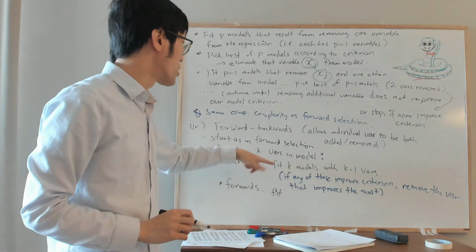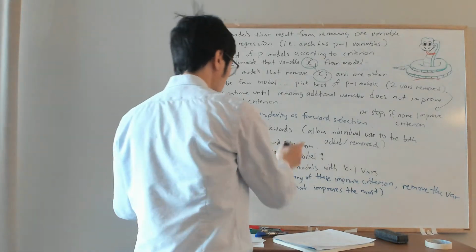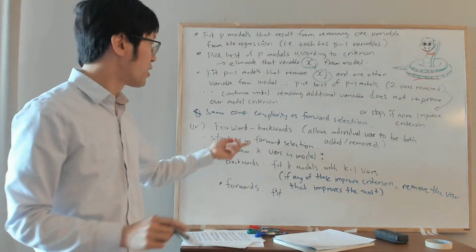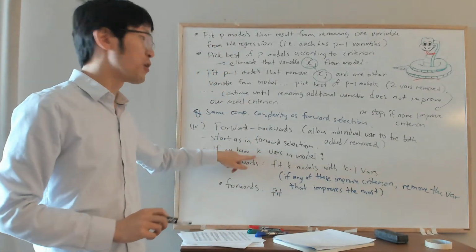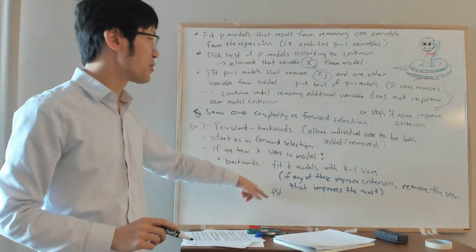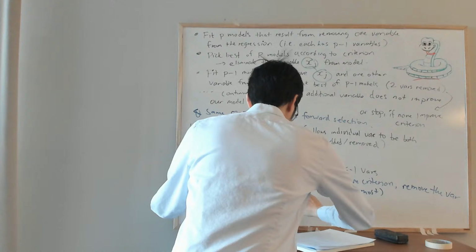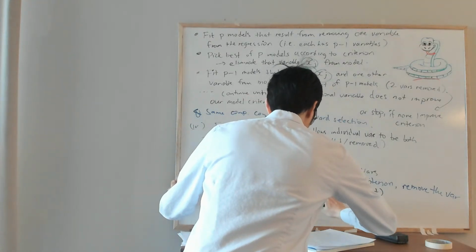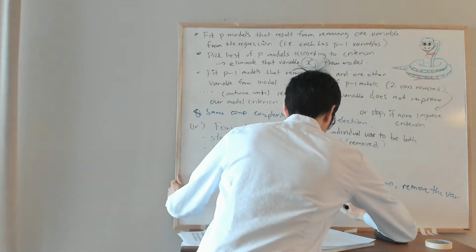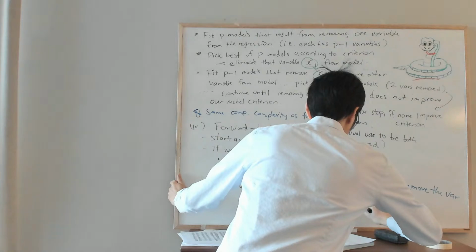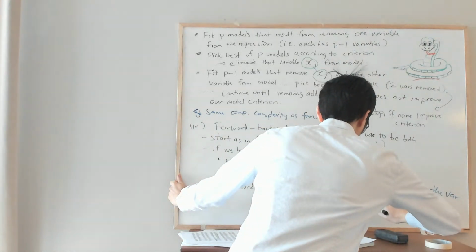Well, there are p minus k variables not in the model when we have k in it. So we fit all of those models with one additional predictor: p minus k models with k plus 1 variables.